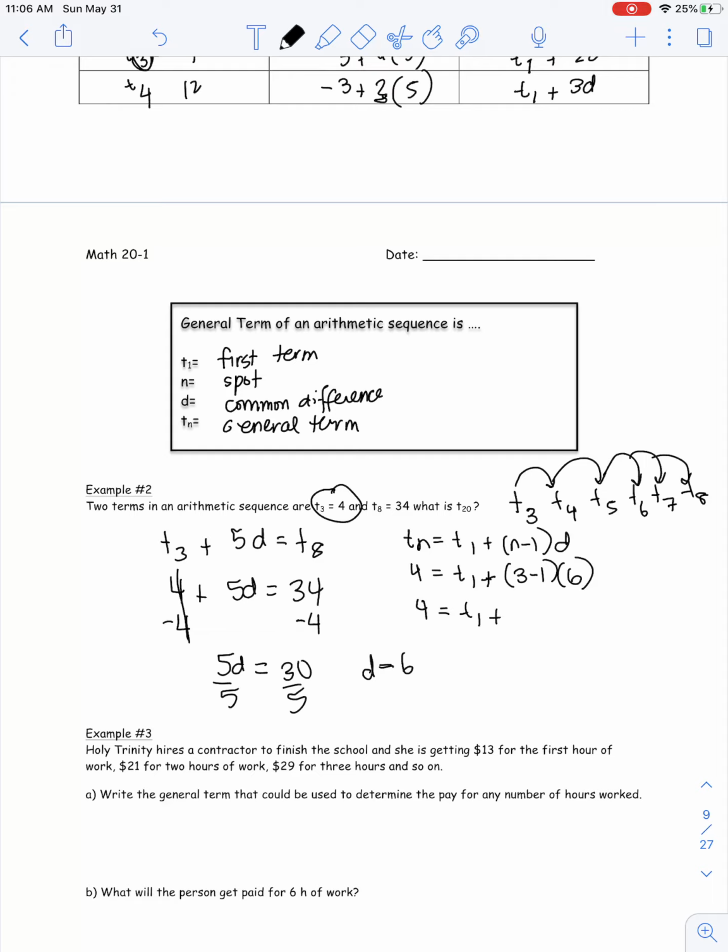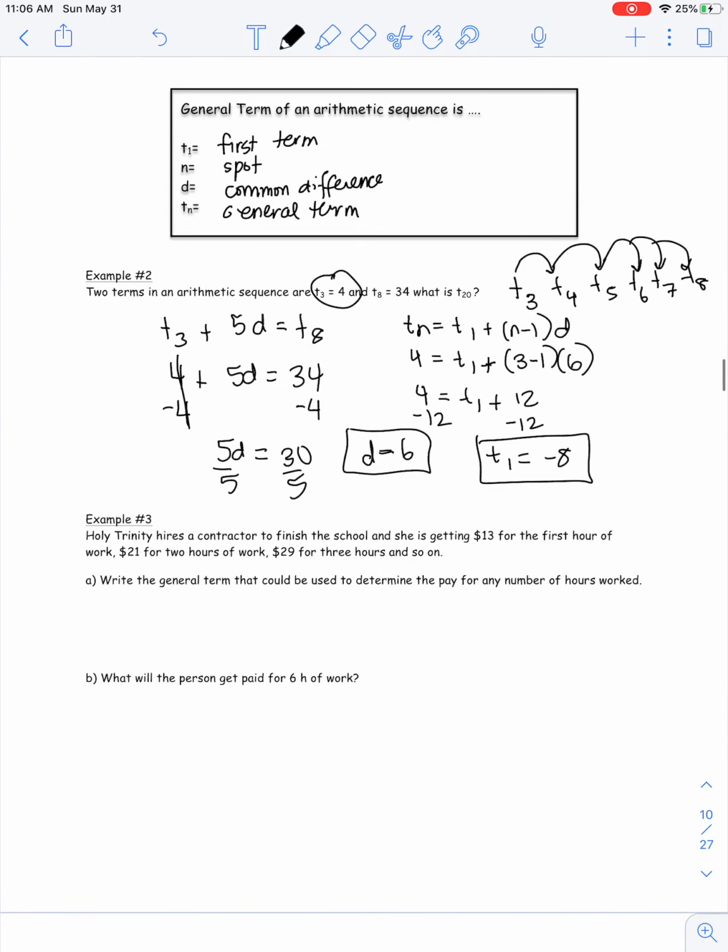So that will be 4 equals T1 plus (3 minus 1), which is 2, times 6, which is 12. We're going to subtract 12 on both sides and get that T1 is actually equal to -8. So these are 2 pieces of information that we need to solve for term 20.